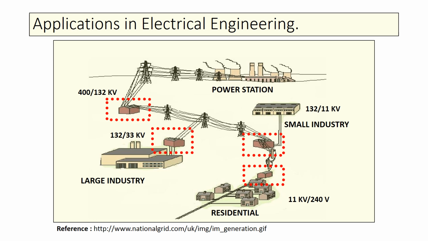Now the problem is you need to transfer this power to the load centers at the minimum possible cost. That is our ultimate objective. Suppose there is no transformer available in the system.